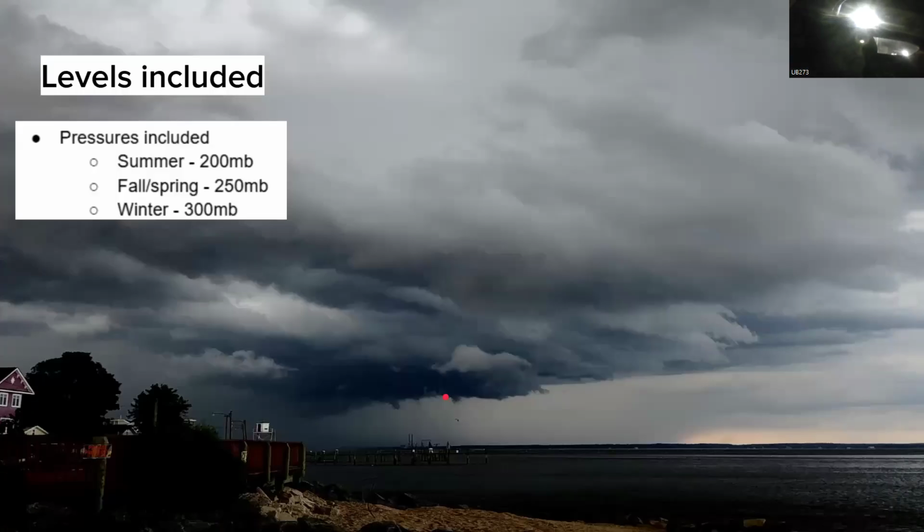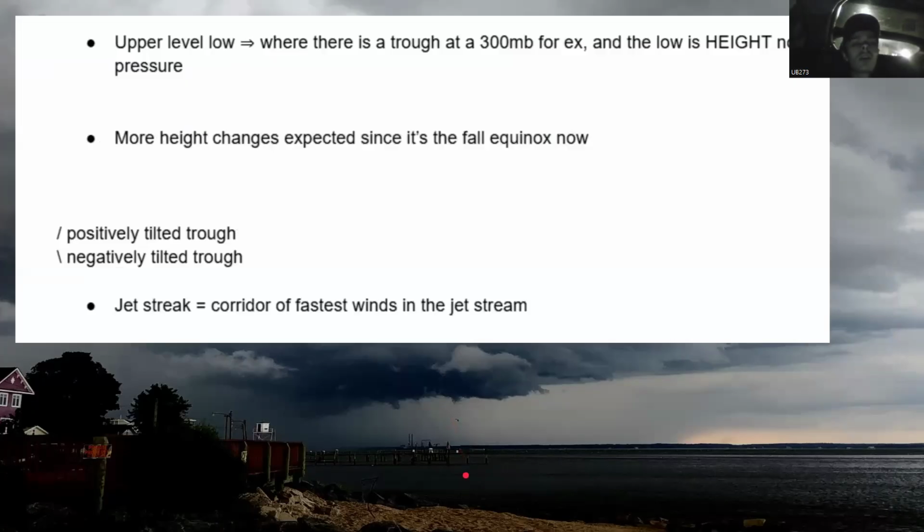All right, the different levels that are included in the upper level atmosphere and what they mean. We can have a 200 millibar level used in the summer, 250 in the fall and spring, and 300 in the winter. All right, if we have an upper level low, what does that mean?